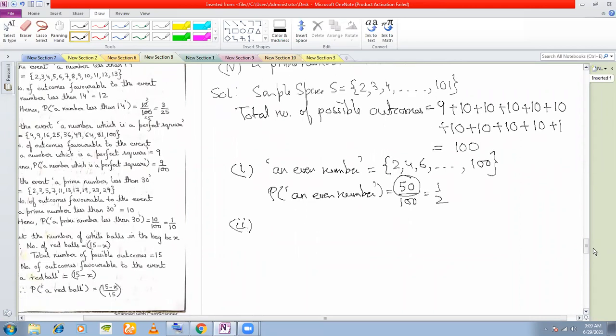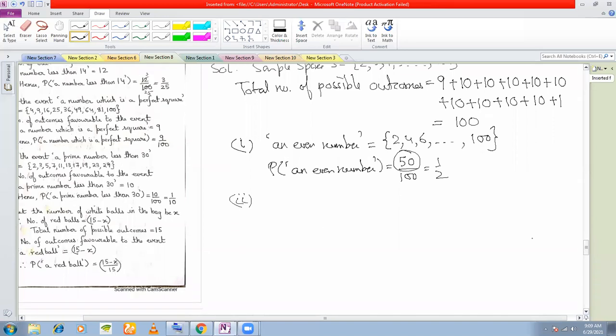Next question is a number less than 14. What are the numbers less than 14? You start with 2, 3, 4, and finally you have 13, because the numbers are less than 14, right?